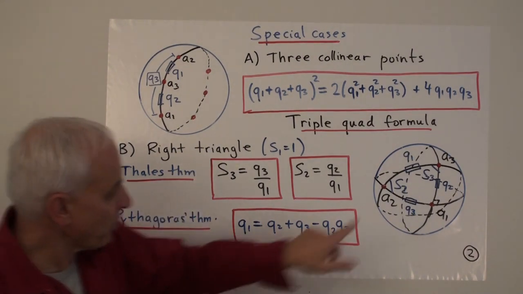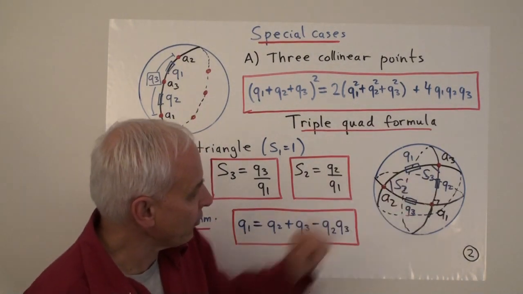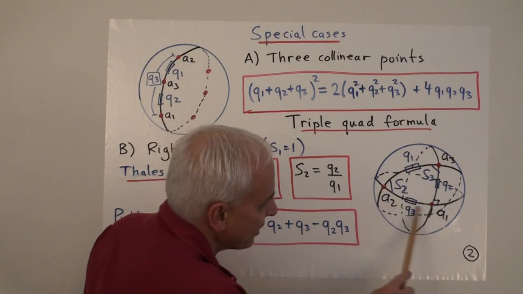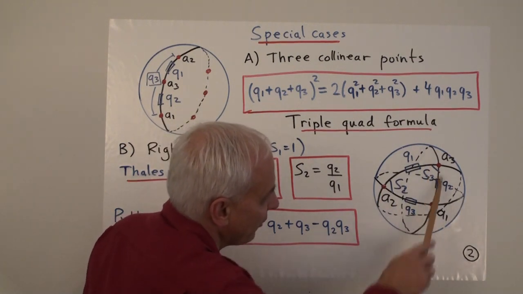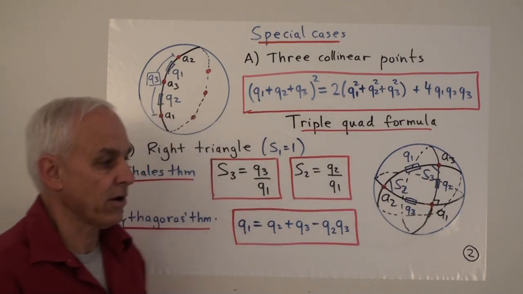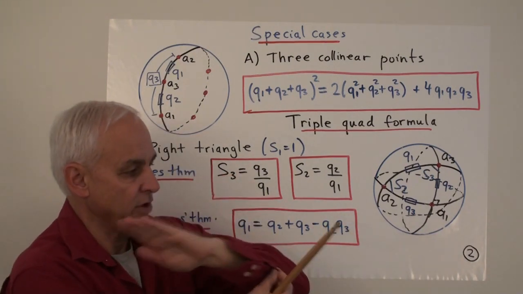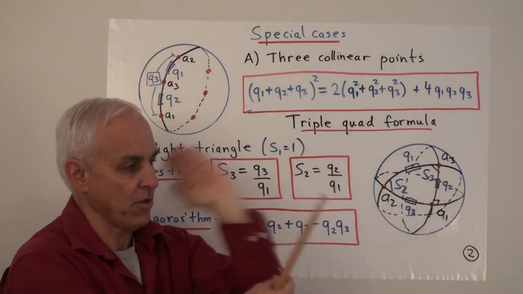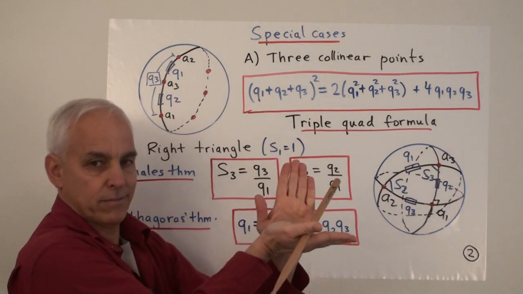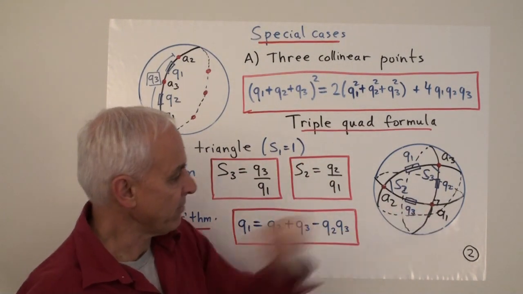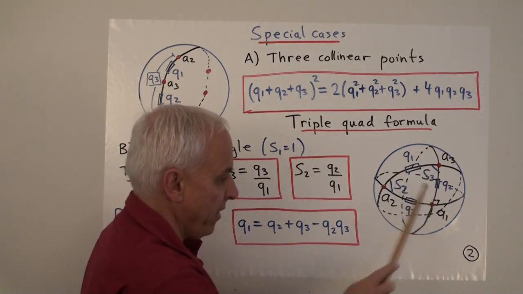Another special situation is when we have a right triangle, like this one here, where we have this great circle and this great circle perpendicular. Or in terms of geometry of the projective plane, if you have one plane through the origin and another plane through the origin which are perpendicular, like this, and then there's a right triangle there, or a spread of 1 there.